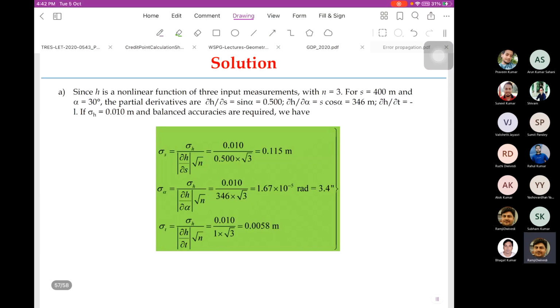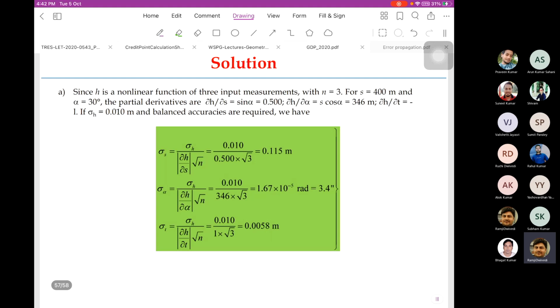Everyone clear? Any doubt? I guess half of the students are computing on their note sheet.